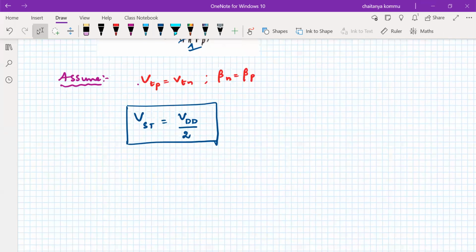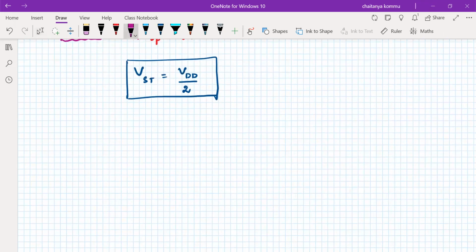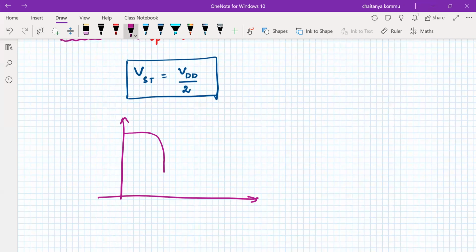Whenever we write this equation for the transfer characteristics, exactly at the middle point, VDD divided by 2, both transistors are on, and maximum current will flow. Therefore, this is called the switching threshold of a CMOS inverter.